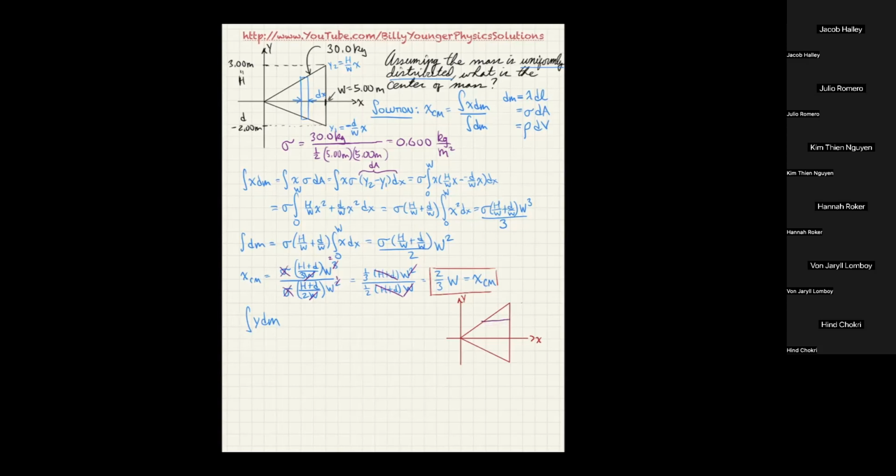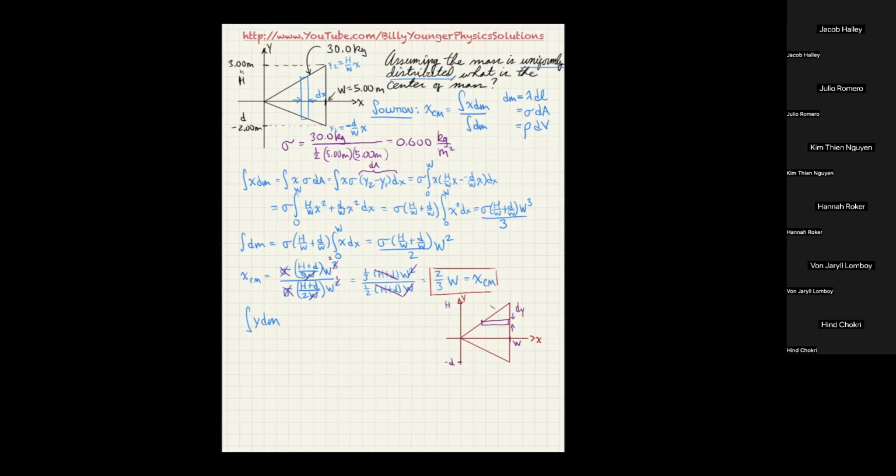A rectangle like so. And of course, the height of this rectangle is dy, but the width of it is actually, since this quantity over here is supposed to be w, this quantity over here is supposed to be h, and this quantity over here is supposed to be negative d, we can see that this width is basically w minus the x function of y.